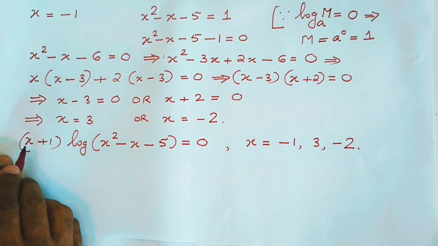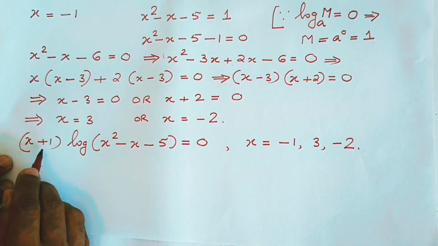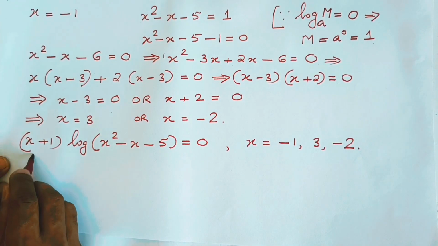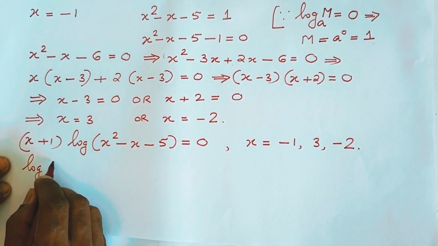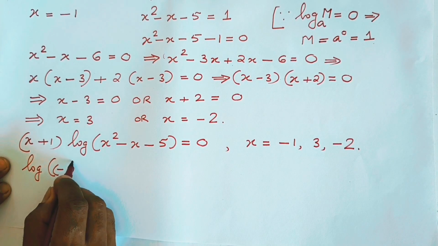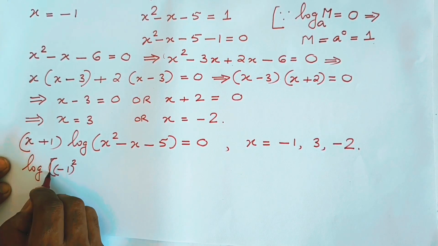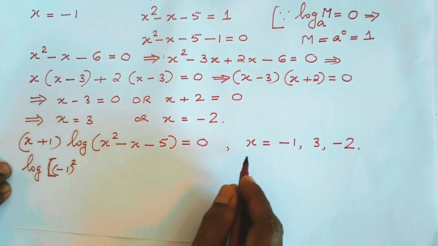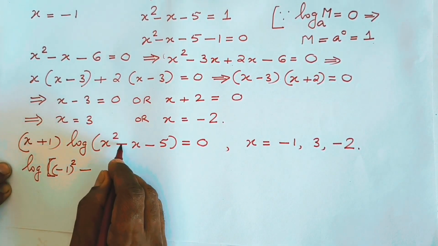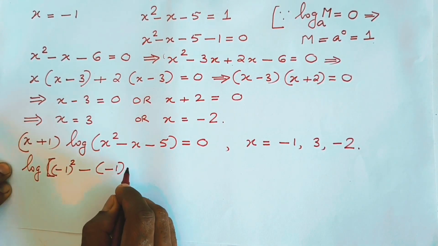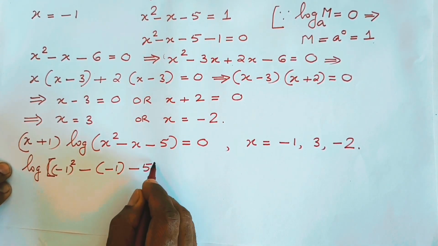When plugging in x equal to minus 1, the first term will be 0. That's fine. Now when you come to the second term, log of (minus 1) to the power of 2, then minus, x is minus 1, then minus 5.